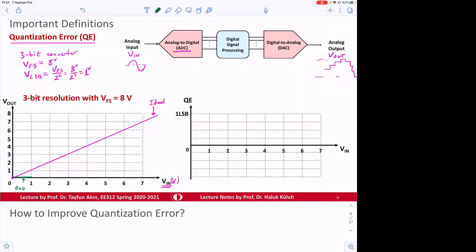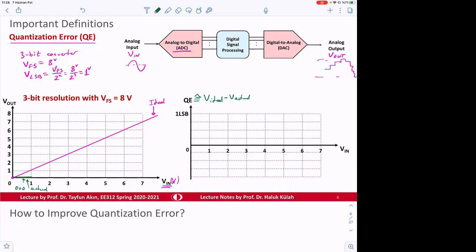So quantization error as a definition is equal to V ideal minus V actual. Okay. So in the actual case, this is going to be actual.